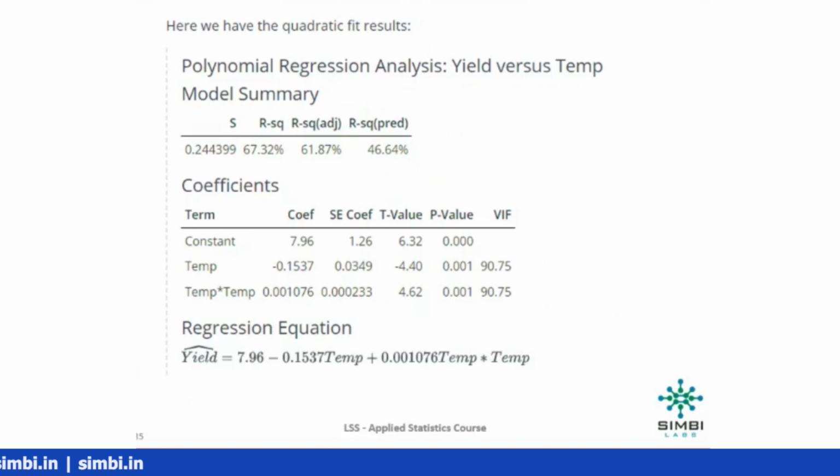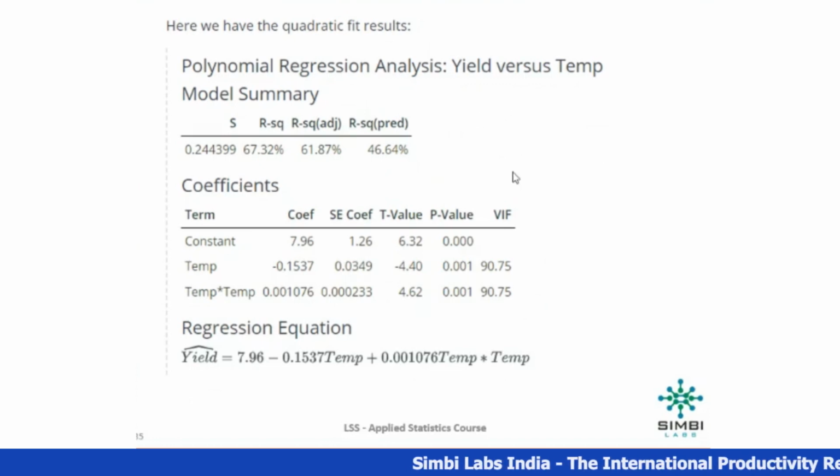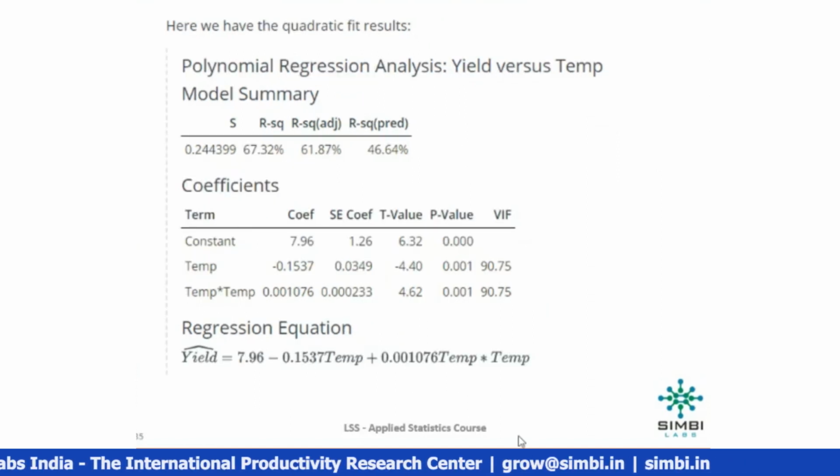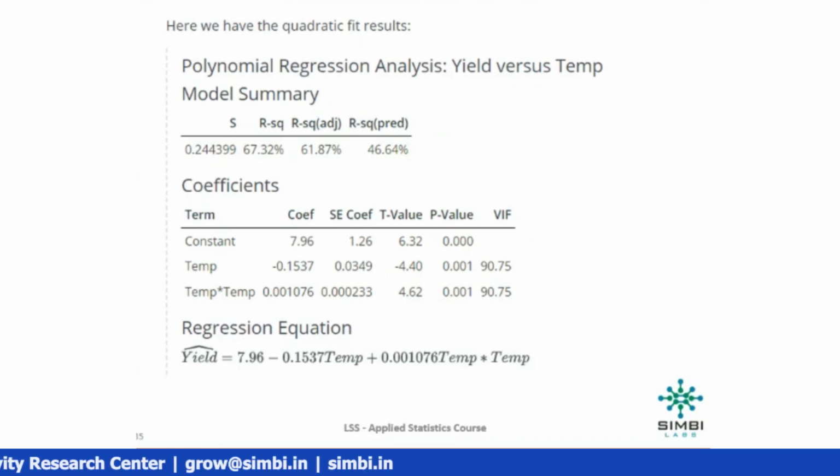So we have seen the quadratic fit and the linear fit. Here we can see this polynomial regression analysis for the linear fit and the quadratic fit. According to that, we can understand that based on the data, the quadratic fit is much better than the linear fit.